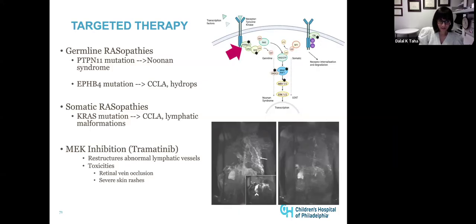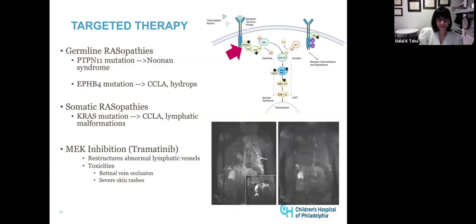We can have somatic mutations along the RAS pathway and KRAS, and so these are trickier to diagnose. Again, you have to send the fluid or tissues off to the lab to see if they can detect the mutation in those somatic cells.